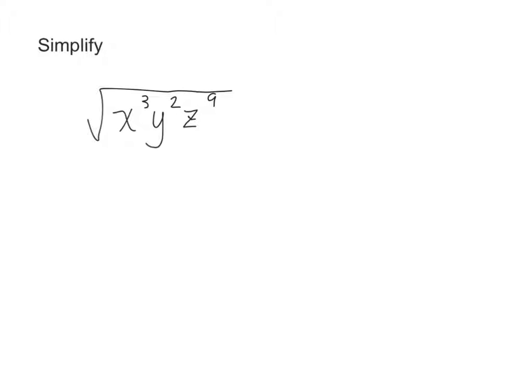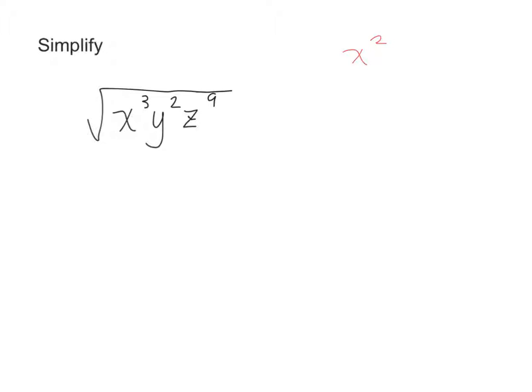So let's think of the perfect x's. Is x a perfect square? It can be. X squared is a perfect square, right? What's the next x perfect square? X cubed is not a perfect square.